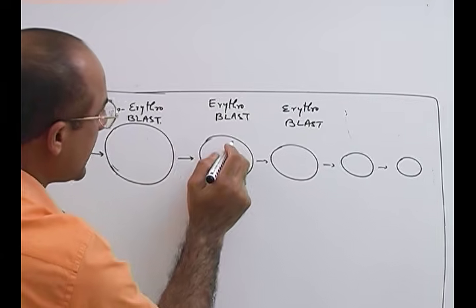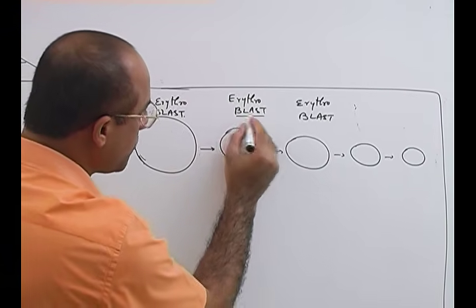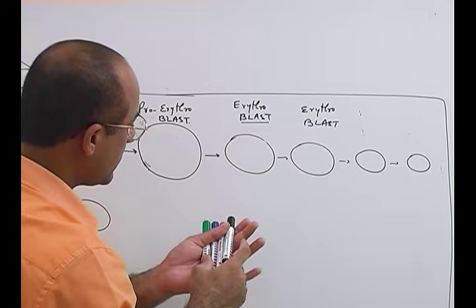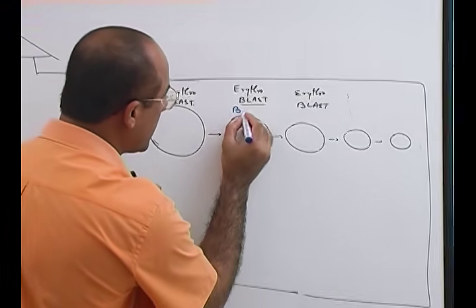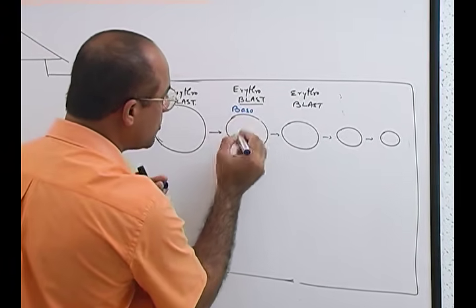The first erythroblast is called the basophilic erythroblast because it takes blue stain.